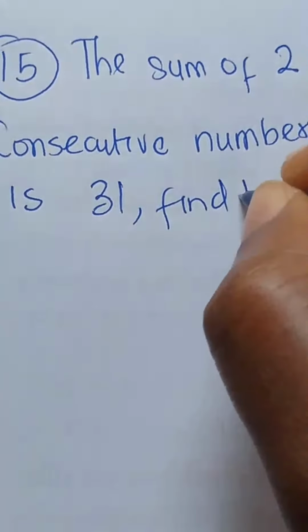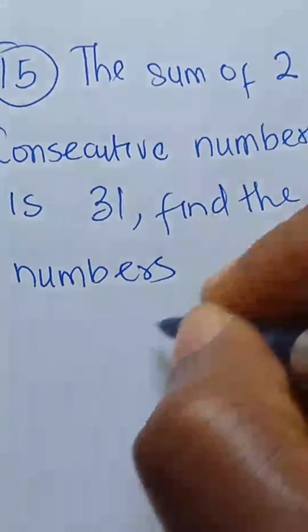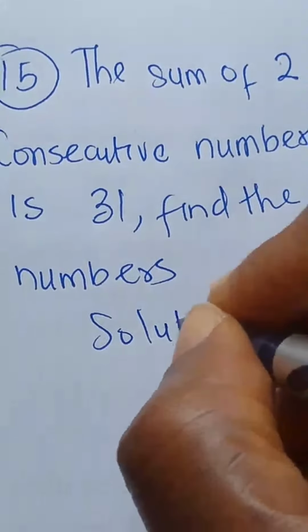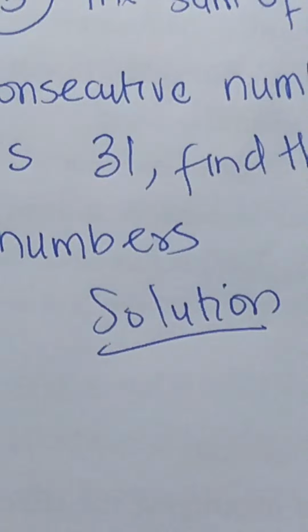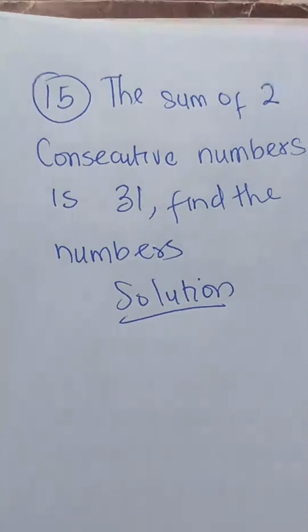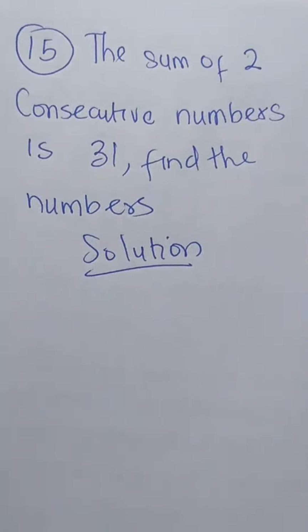Find the numbers. So this one is going to be easy now. Let me reduce it so that you can see it. The sum of two consecutive numbers is 31. Find the numbers.